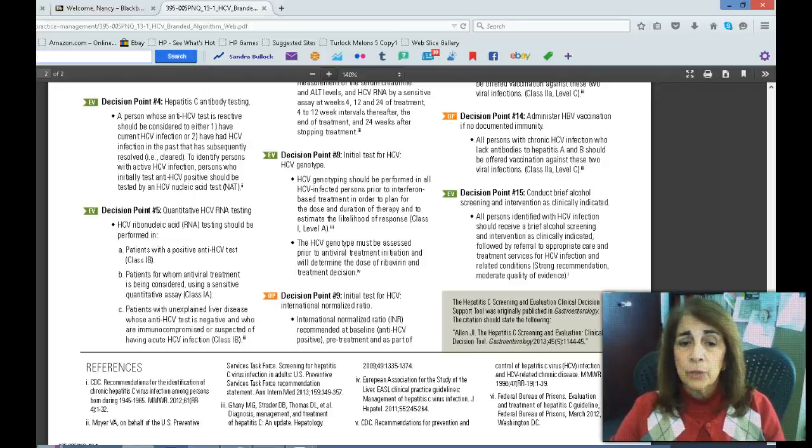Again, anytime you can do evidence-based interventions, screenings, evaluations, you'll always have not only the best interests of the patient at the fore, but also the best available screening, evaluation, and treatment that we have to date.